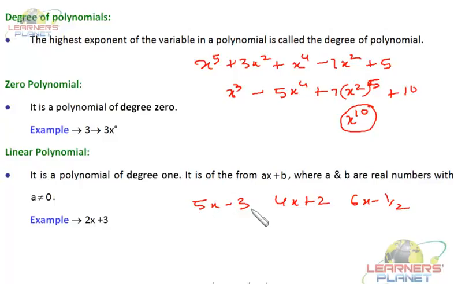All of these are in the form of ax plus b, and these are known as linear polynomials. Why are they known as linear polynomials? Because the variable is carrying the power as 1, or exponent as 1. Here x, x, x. In all these cases, x has the power 1.